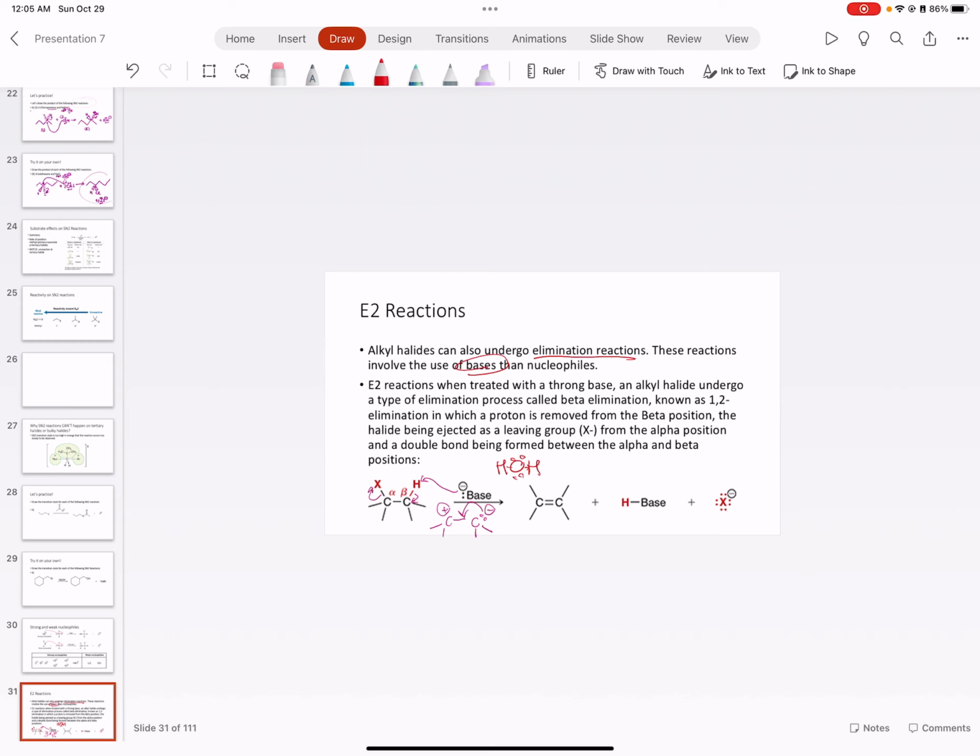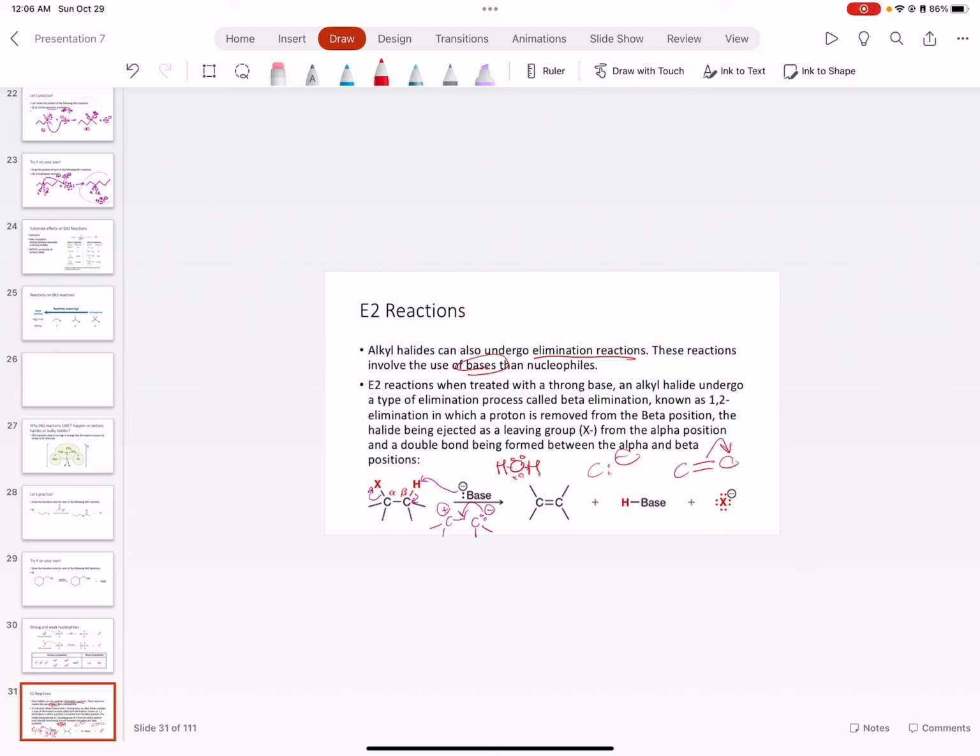This one could technically be a nucleophile because we know that nucleophiles need things like electron pairs, or maybe a double bond. We need something that's an electron source, maybe a negative carbon, like a double bond oxygen.